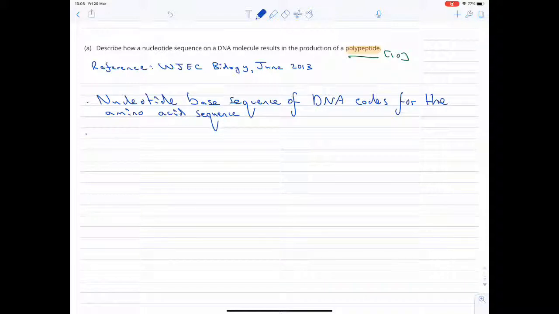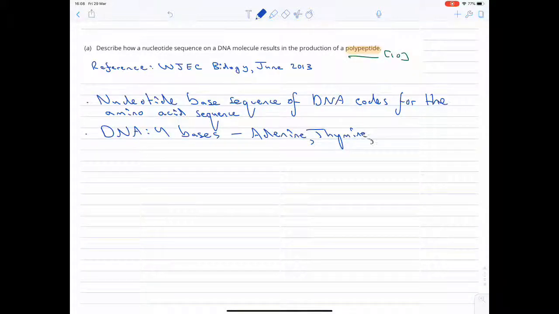Okay, so let's give some more detail about DNA. We know it's got 4 types of bases, and that would be adenine, thymine, cytosine, and guanine.